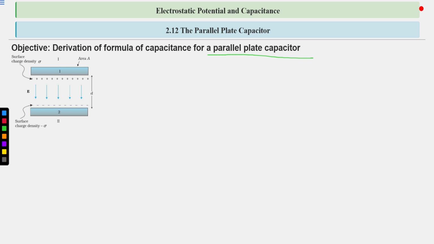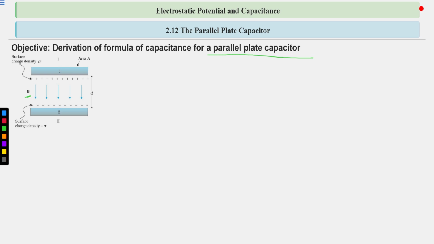And because the charge on both the plates is equal, the charge on the positive plate is plus Q and the negative plate is minus Q, the densities are also the same because the area is also the same for both the plates. So this is the electric field, shown from positive to negative.